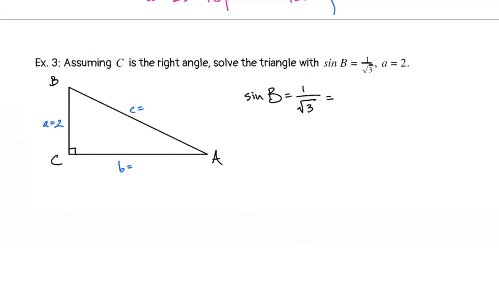I know that sine means opposite over the hypotenuse. This is opposite side b, or angle B. This is my hypotenuse, and this is my adjacent side.